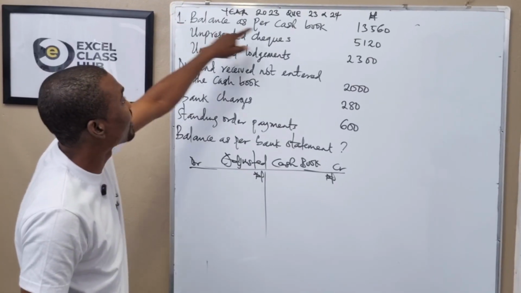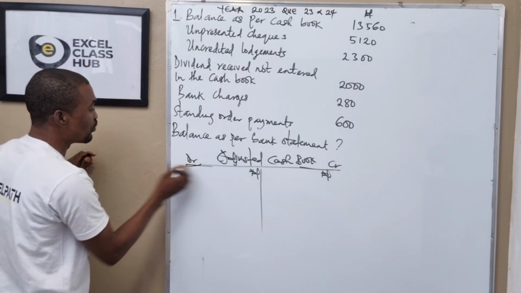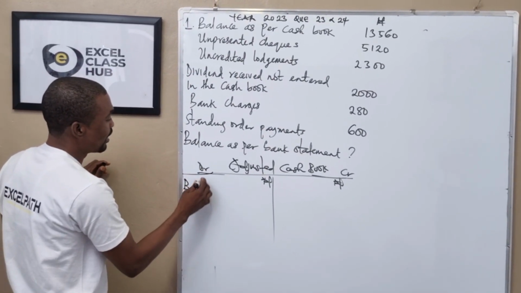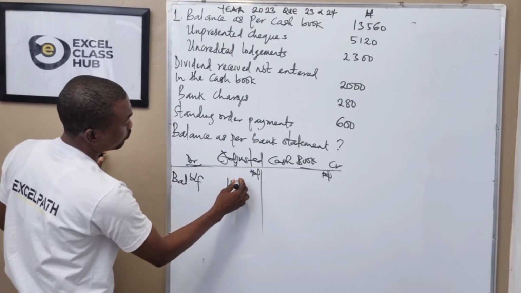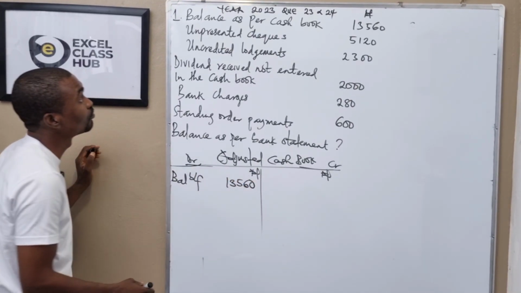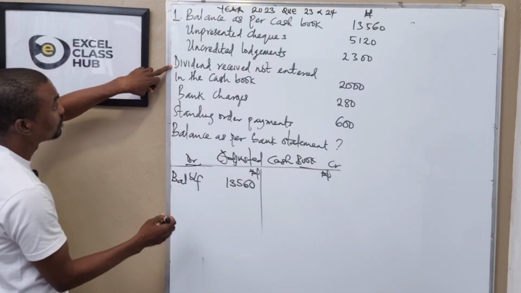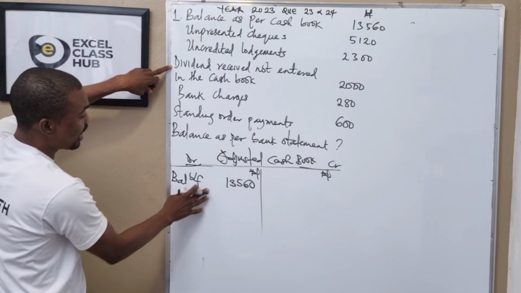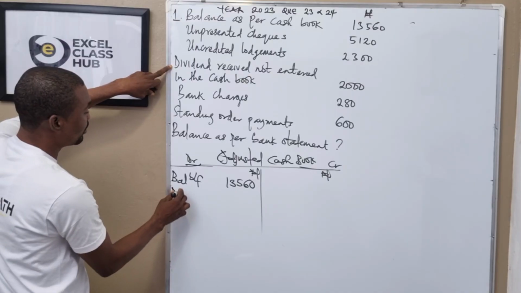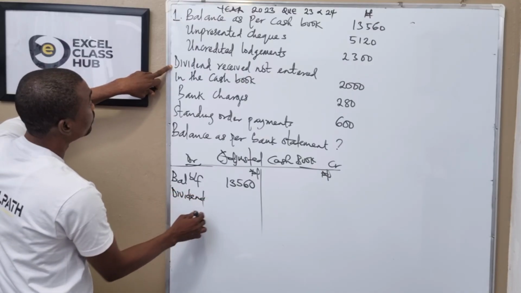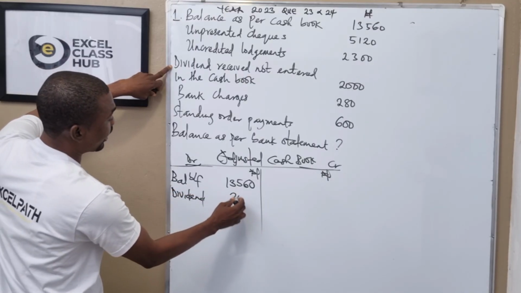We have balance as per cash book. That will be our balance brought forward, or balance brought down, which is 13,560. You look at the dividend. Dividend will increase the amount you have in your bank, so it's going to be on the debit side. We have dividend, which is 2,000 naira.